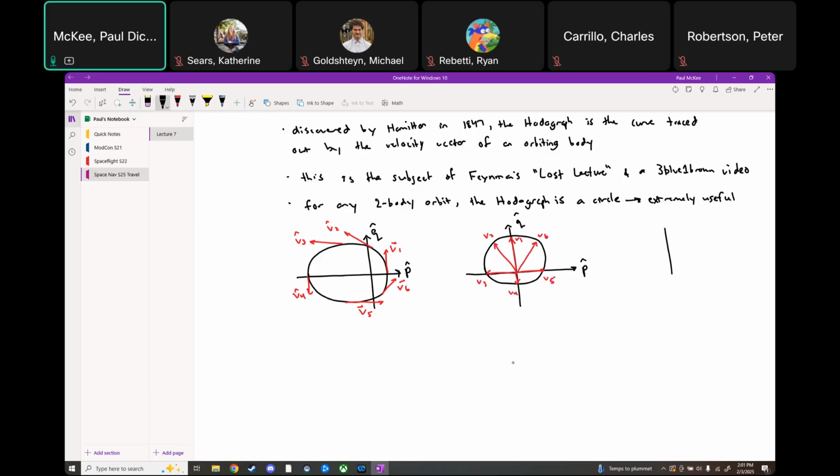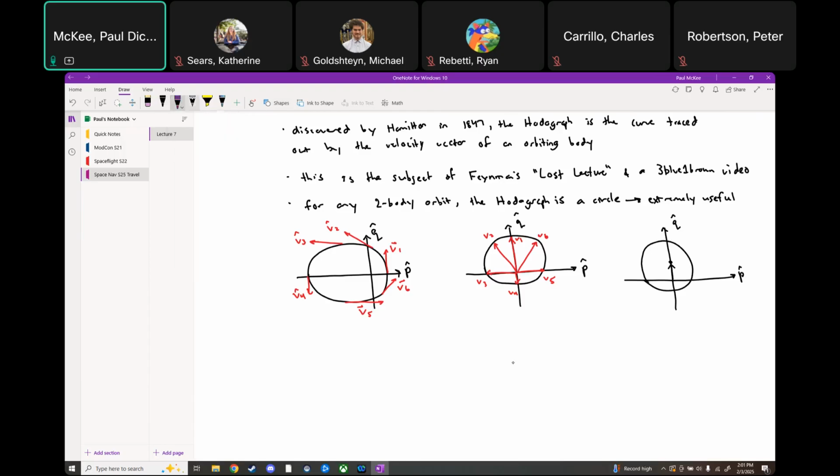So what we can do is, here's P, here's Q, here is our orbital hodograph. I'm going to try a little bit harder to draw a perfect circle. We can parameterize this hodograph using the vector, so maybe I'll use some other color here.